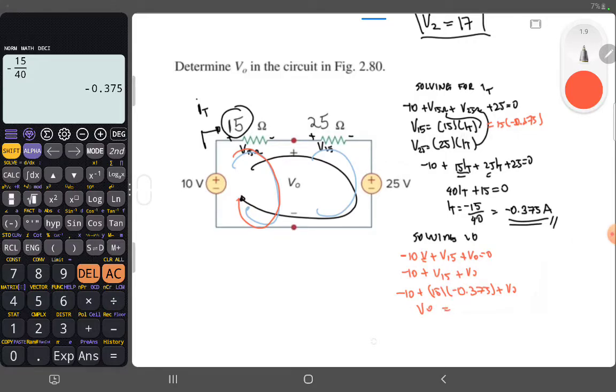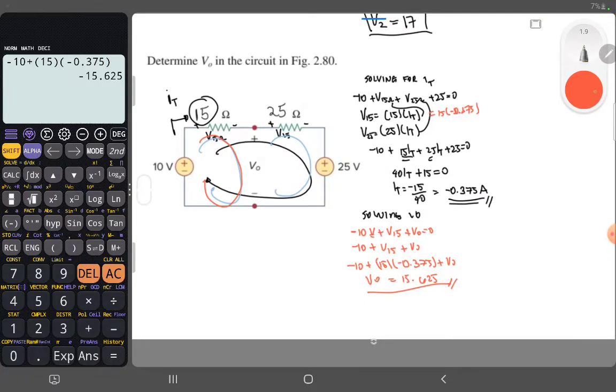So, meron tayong VO equal to negative 10 plus 15 multiplied by negative 0.375, which will lead to negative 15.625. Then transpose natin, so meron tayong positive 15.625.